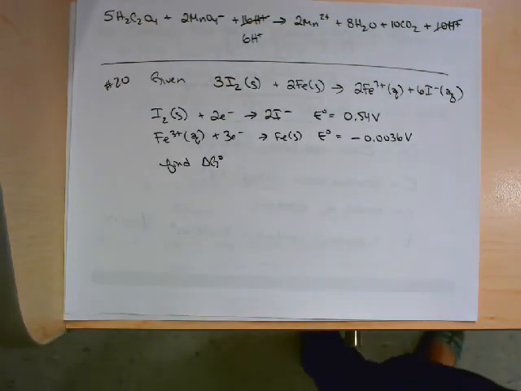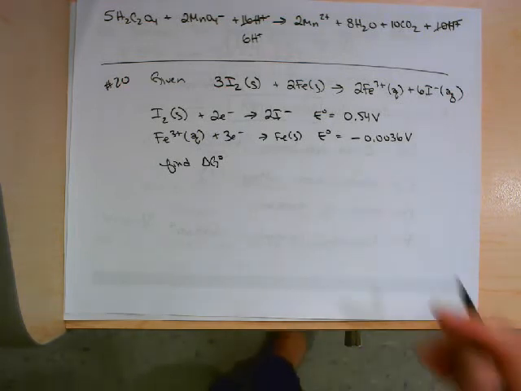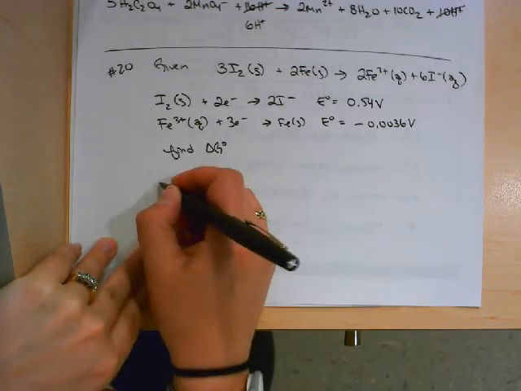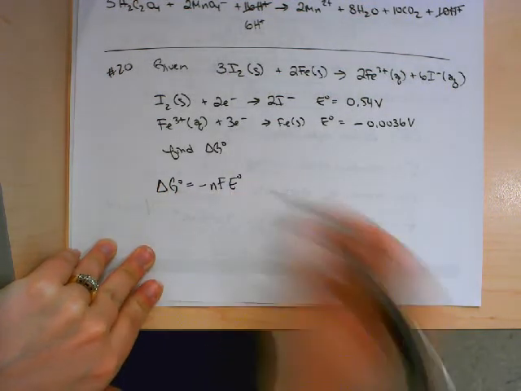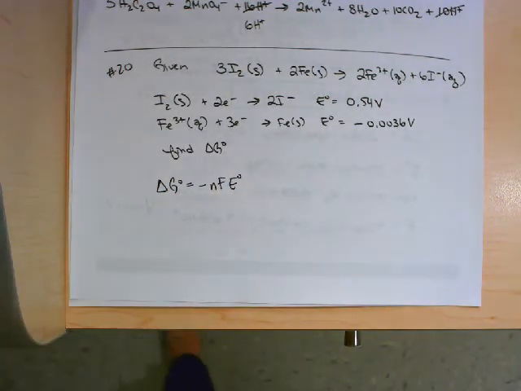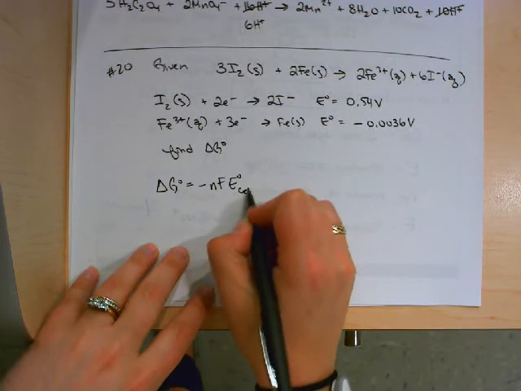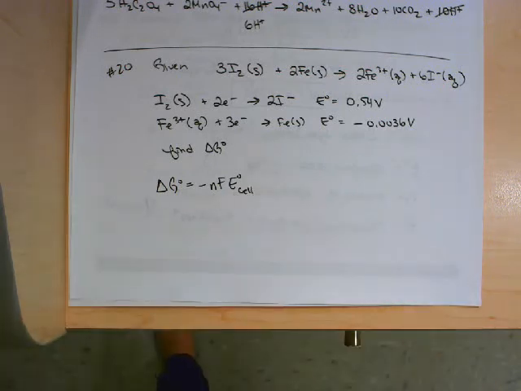Alright, so given all the information, I want you to find delta G. Alright, so that's the equation that relates G and E. How do I find E0 of the cell?